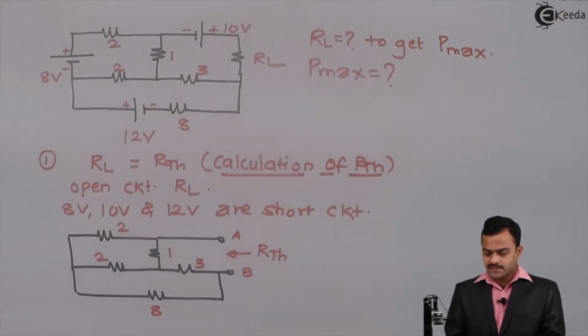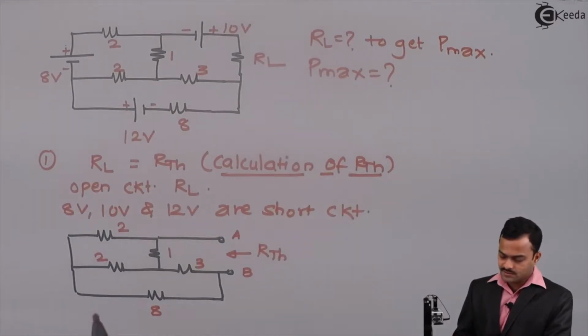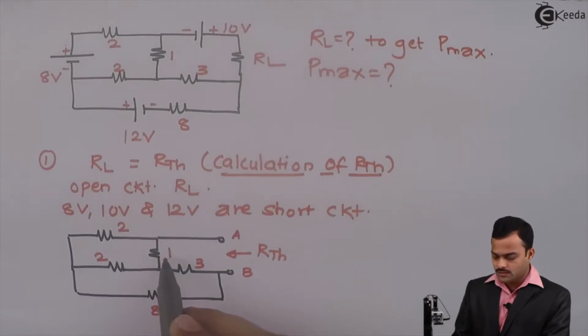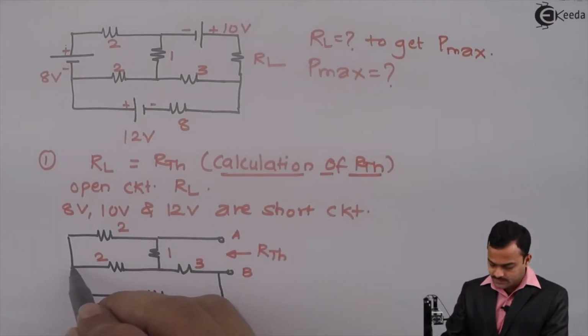Now, if I see the problem, I am not able to find any series or parallel connections available. So what do I need to do? I need to convert any star into delta or delta into star. So I will consider this star forming 1, 2, 3 into an equivalent delta, which will look like this.